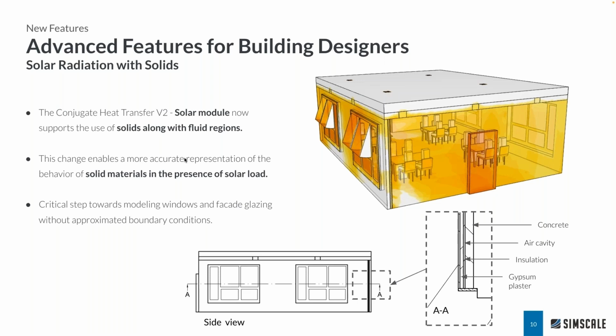First of all, this will enable a more accurate representation of the behavior. So you don't need to approximate what's going to happen on an external wall, or on the floor or the ceiling of a building that you want to simulate. This is a critical step moving towards modeling the entire building design using CFD.